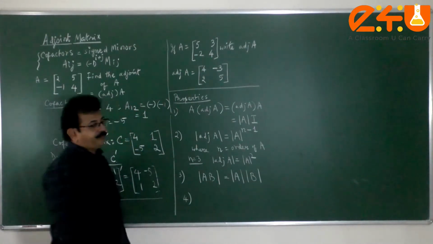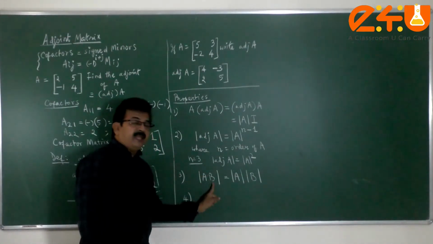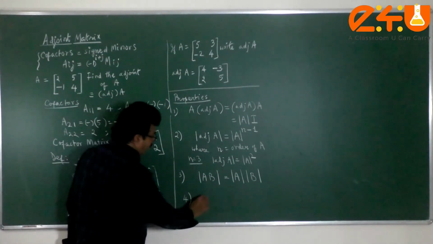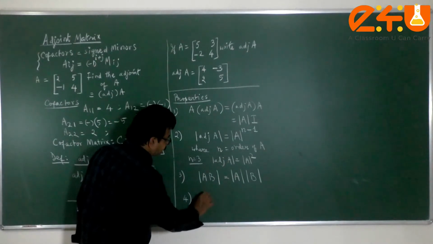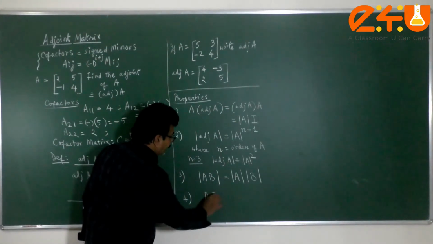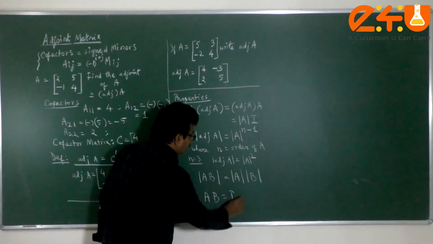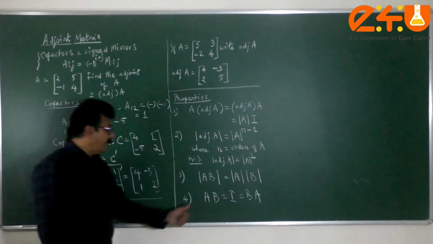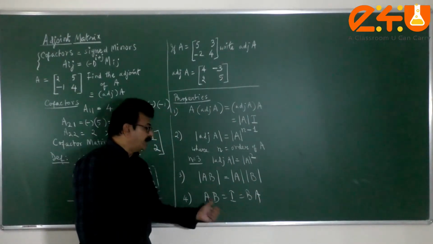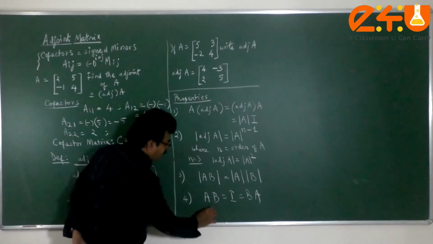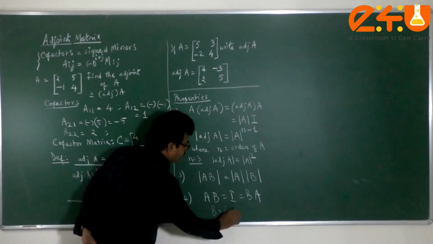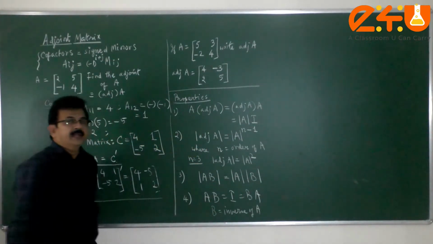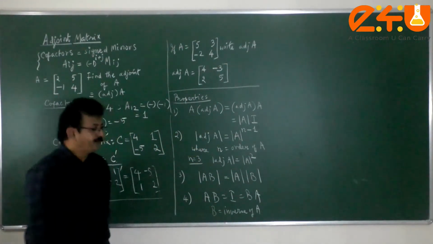And the fourth property: in case B happens to be the inverse of A, we know very well that this is true only when the matrix B happens to be the inverse of A, and this is the definition we saw already in the matrix chapter.